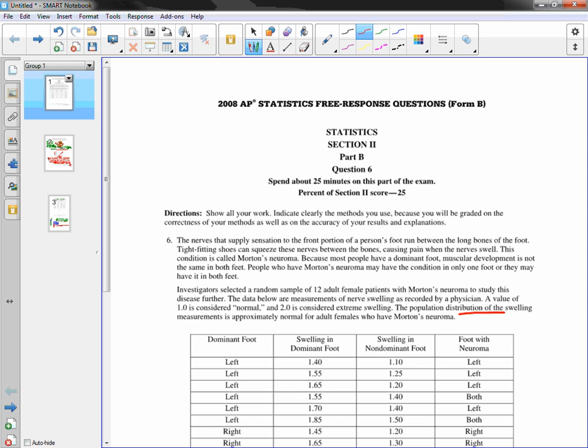The distribution of swelling measurements is approximately normal for adult females who have Morton's neuroma.